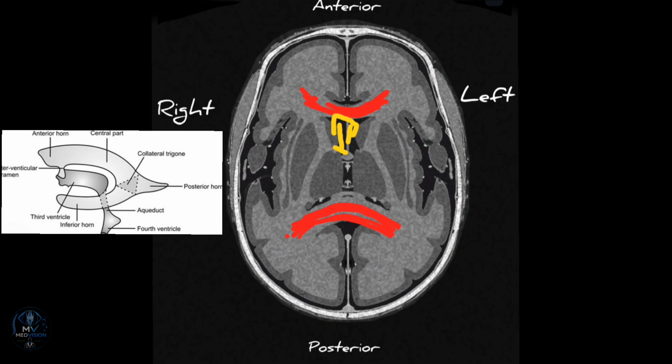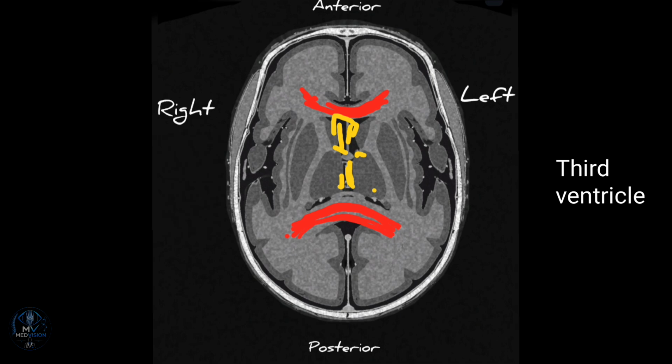And inferior to the lateral ventricle, there is a structure between the two triangular parts. There is a hollow structure that is called the third ventricle. Unlike the paired lateral ventricles, the third ventricle is a single narrow midline cavity located between these two thalami.